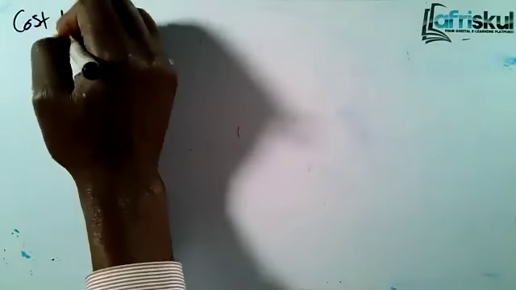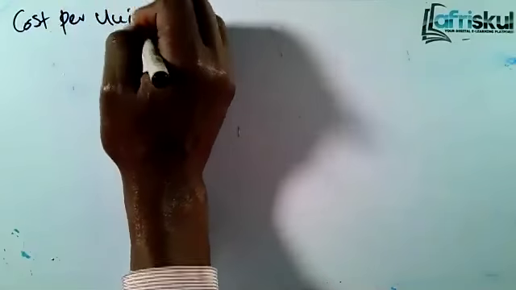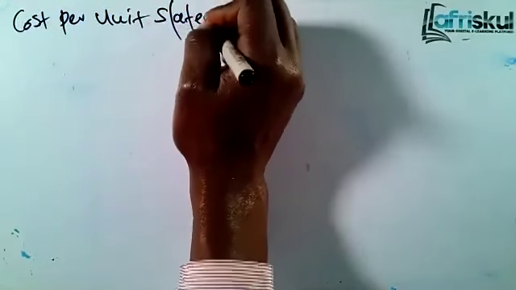So we're going to continue. Cost per unit statement, that is the third last thing you're supposed to do.